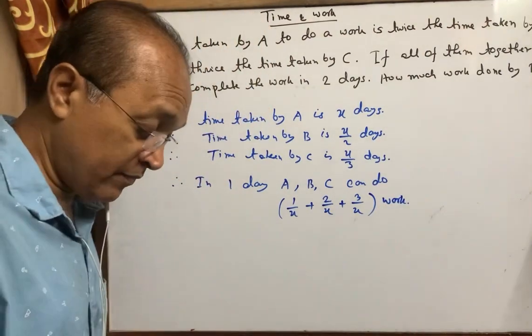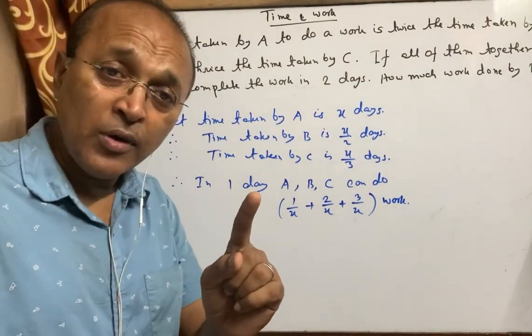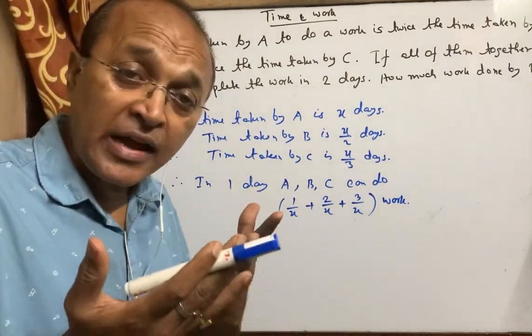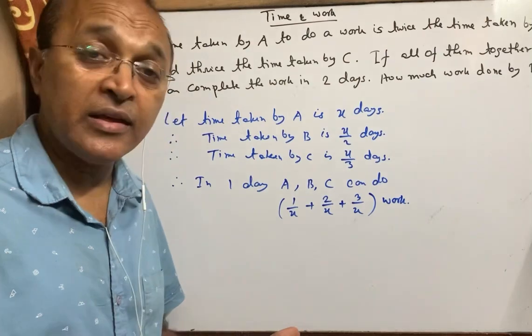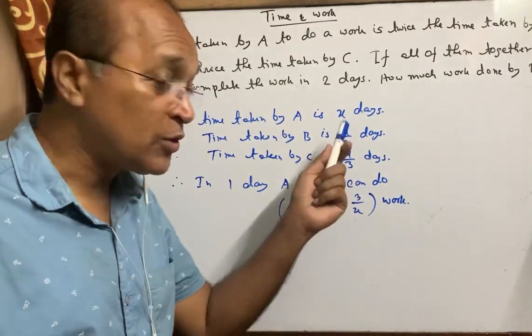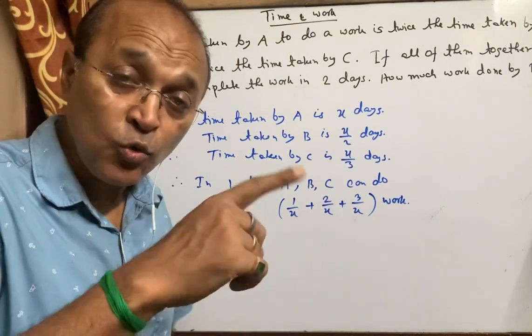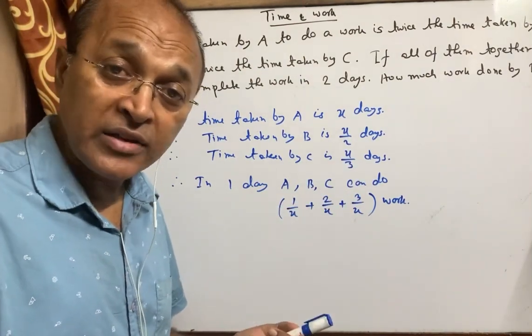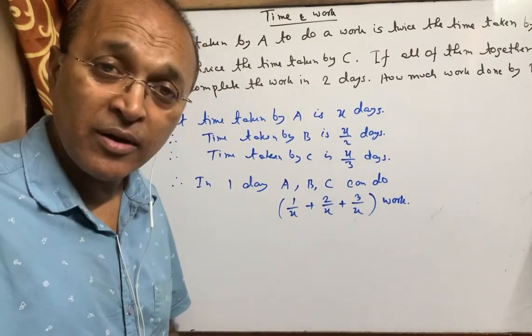Okay. All of you know that since A can do the work in X days, in 1 day A can do 1 by X work. Since B can do the work in X by 2 days, in 1 day B can do 2 by X work, and in 1 day C can do 3 by X work.